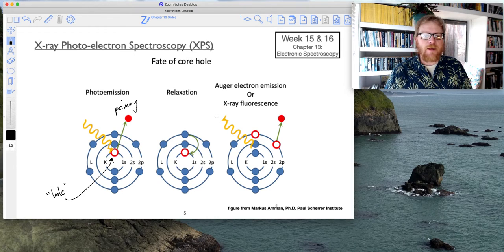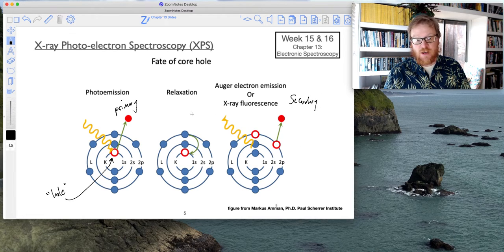Okay, and so what can also happen in X-ray photoelectron spectroscopy is secondary emission processes, and those are very much related to this hole pair dynamic. For example, you can see that an electron up in this level can relax down.